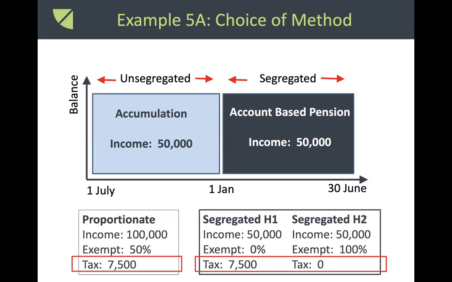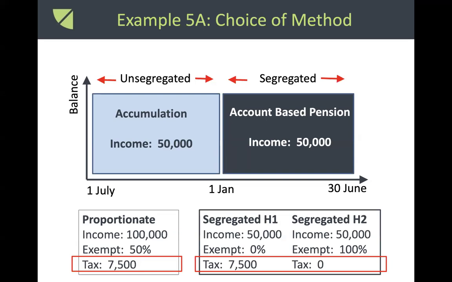In other words, when the income is evenly distributed across the year, when you've got consistent income, it's not going to make a difference mathematically which method you use. And it's going to come down to a personal preference.